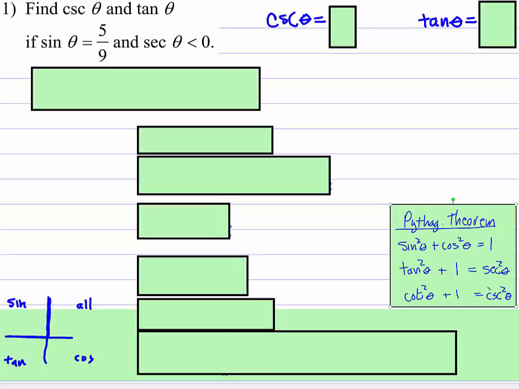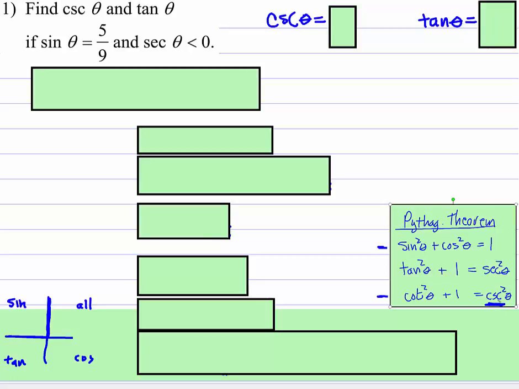And you might want to ask yourself, which one should we use? Either this one would work or this one would work. The reason I say that is because there's that cosecant squared.